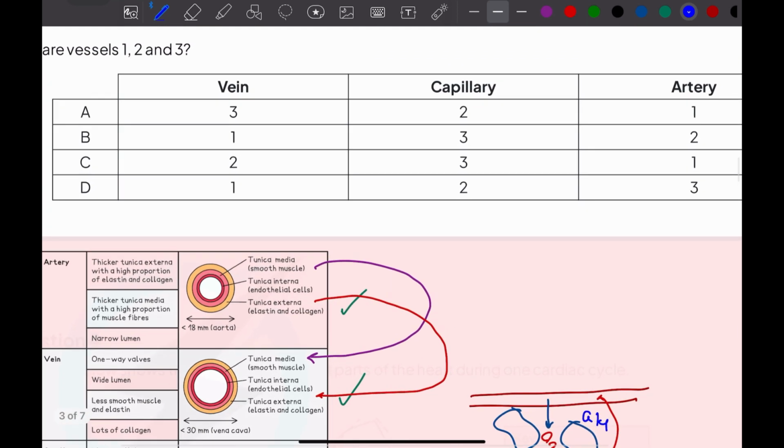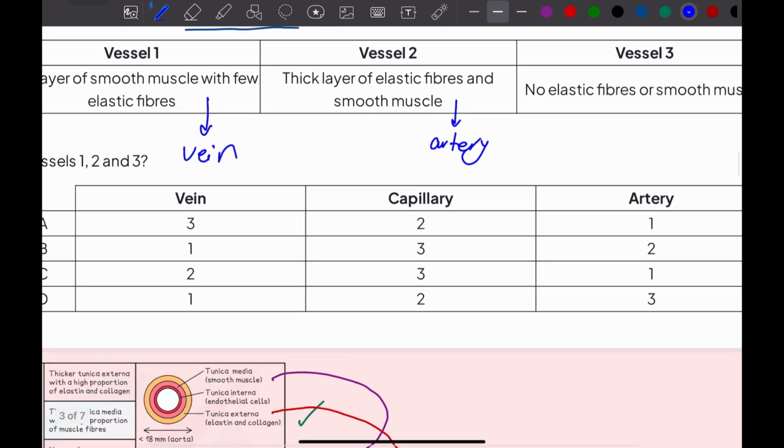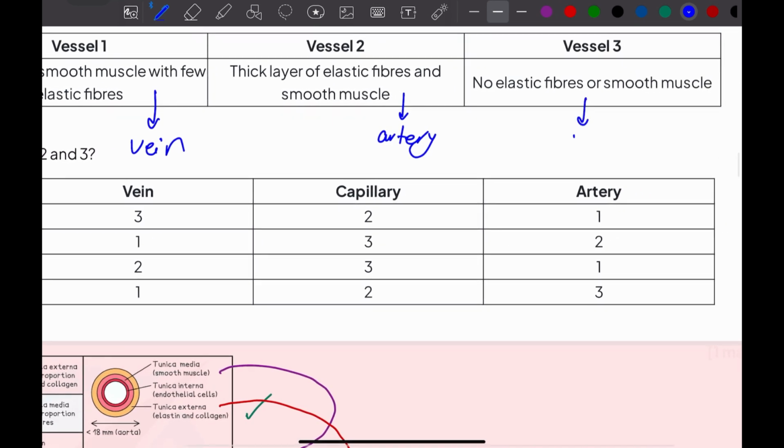So for these questions, vessel 1, thin layer of smooth muscle with few elastic fibers, is a vein. Vessel 2, thick layer of elastic fibers and smooth muscle, is an artery. And no elastic fibers or smooth muscle is a capillary.